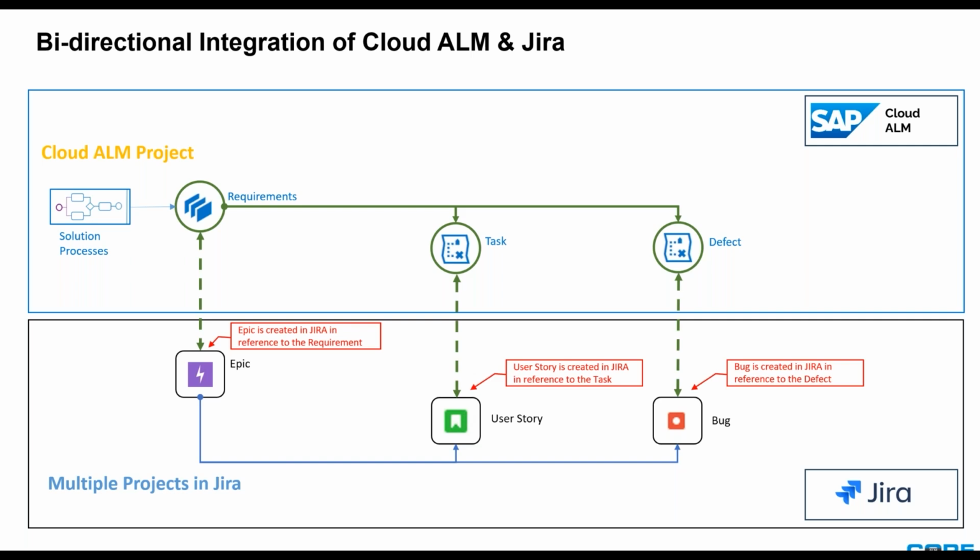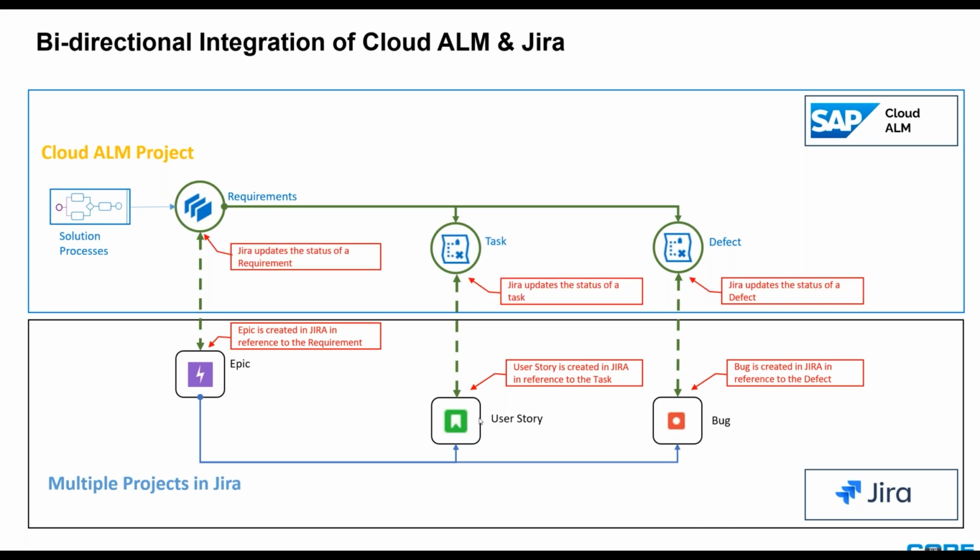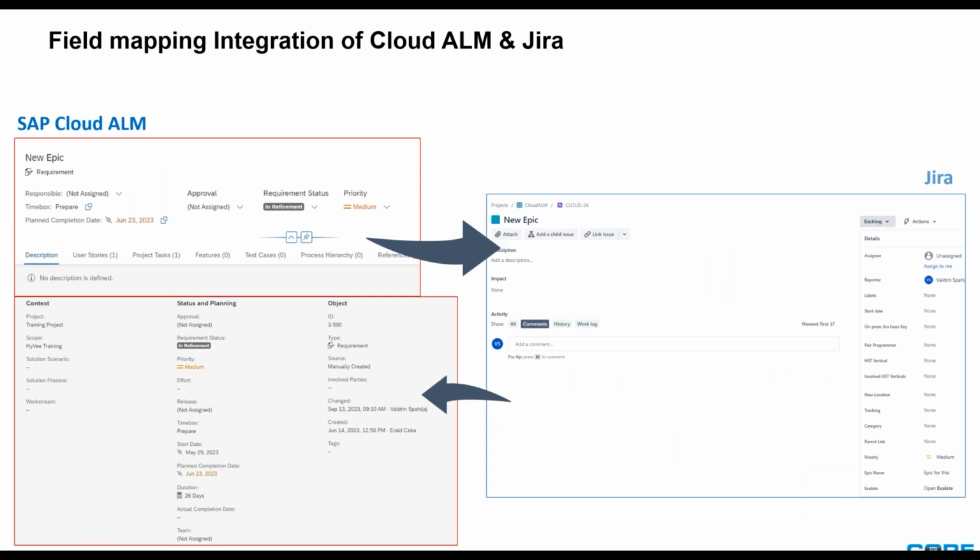Anything that you create will automatically be created in either tool, and you'll also have complete status updates as well. And from a field mapping perspective, it's pretty much exactly the same. At any given time, if you create something in Jira, we'll also create it in SAP Cloud ALM.